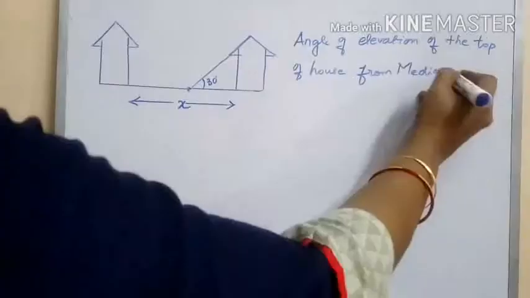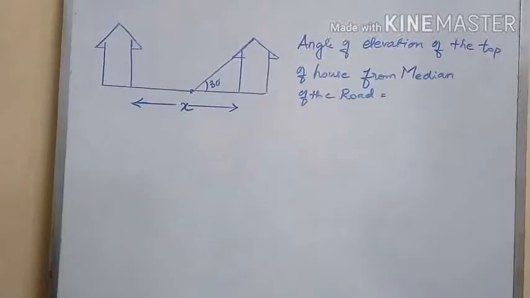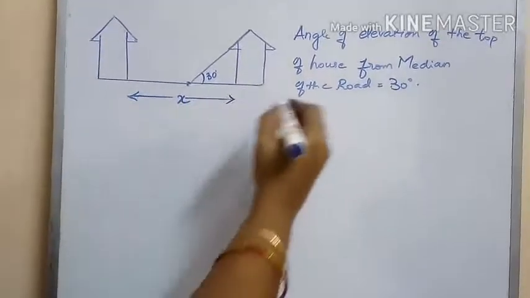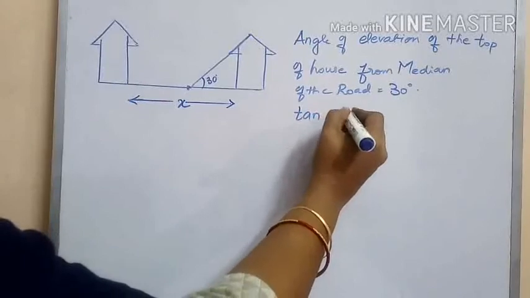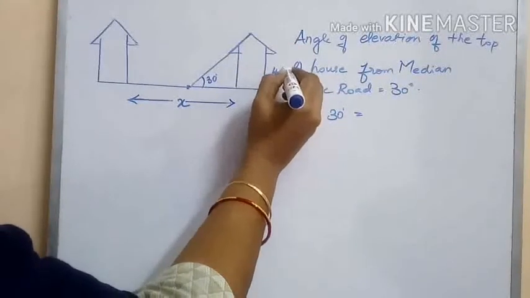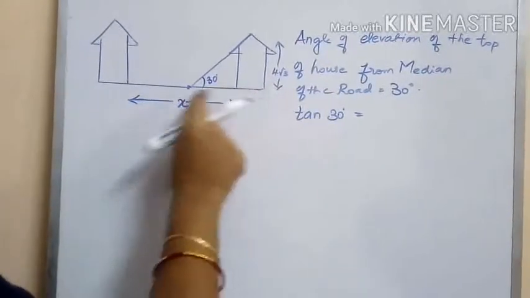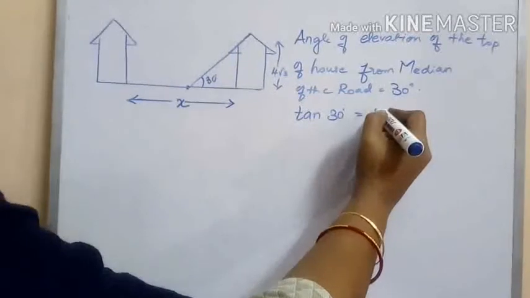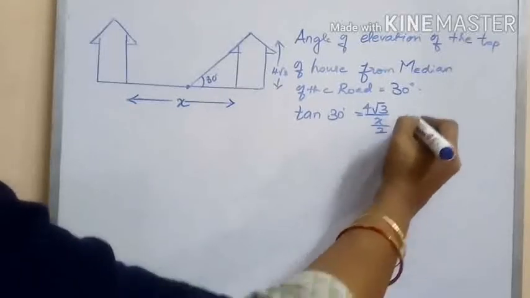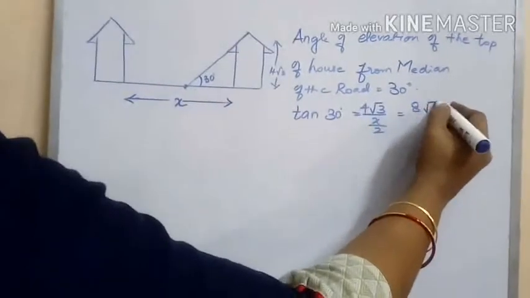Given that the angle of elevation of the top of the house from median is 30 degree, tan 30 is equal to 4√3, which is the opposite side, by x by 2, since the pedestrian is standing at the median of the road.